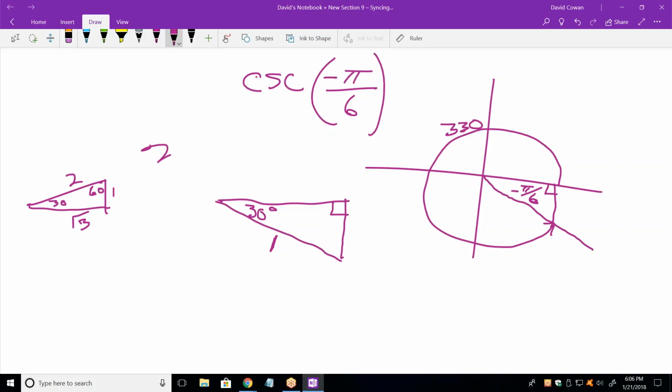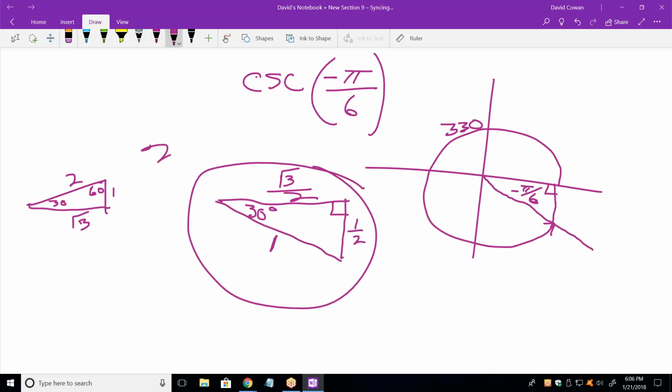So if the hypotenuse is 1, what are the other two dimensions? What's the side opposite the 30? Isn't that 1/2? And what's the side opposite the 60? Square root of 3 over 2. Now, reading that triangle, tell me what the cosecant of that angle is.